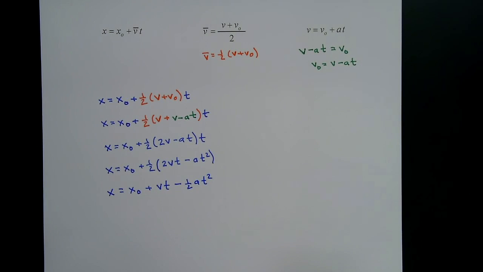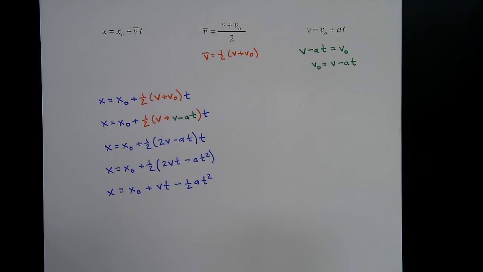Okay, so this equation we can use if we know 4 of these. If we know the final position, we know the original or starting position, we know the final velocity, we know the time, and we know the acceleration. Okay, so if we know any 4 of those, we can find one of the others. Okay, and that's the whole idea behind this.